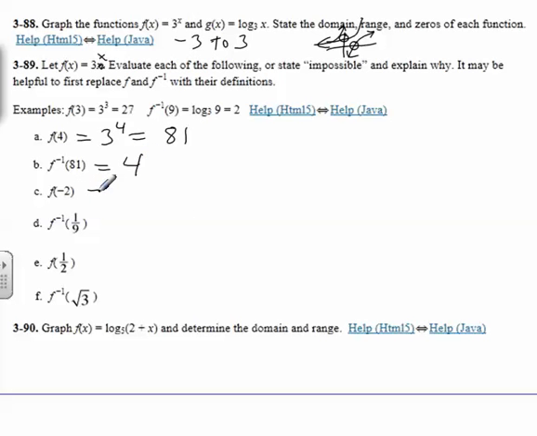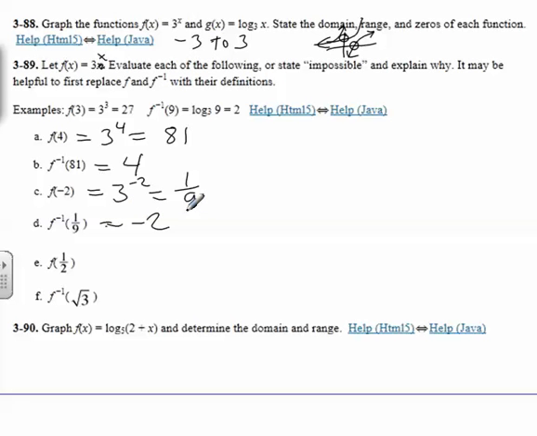Okay, on this one, if the input is -2, so we have 3 to the power of -2, it's the inverse, so we get 1/9. And then if we put this into the inverse function, it undoes it. So what should come out? A -2.